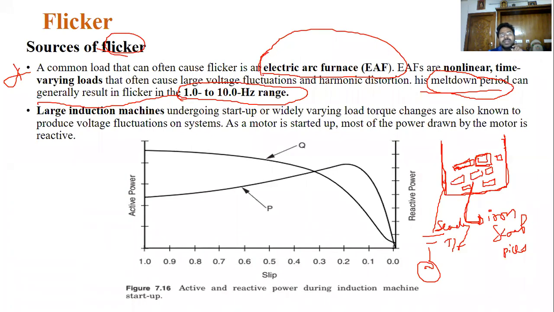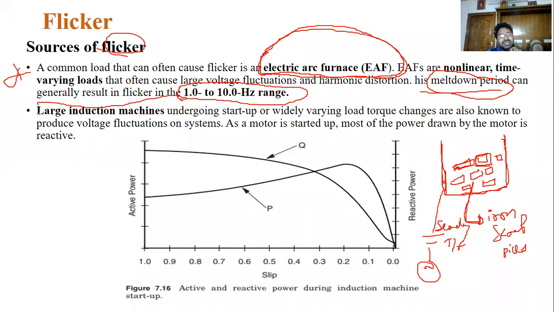On that time, the electric arc is nothing but an electric heater. So what will happen here? In that case, we can observe some flickers. You can also observe this in real time.